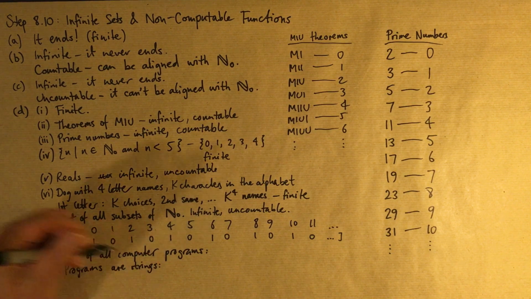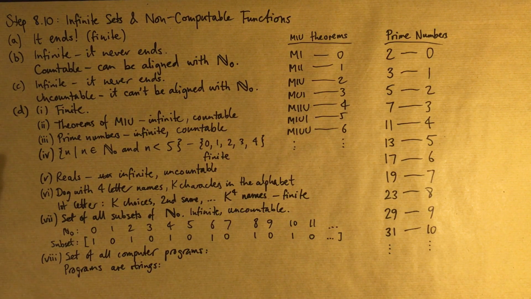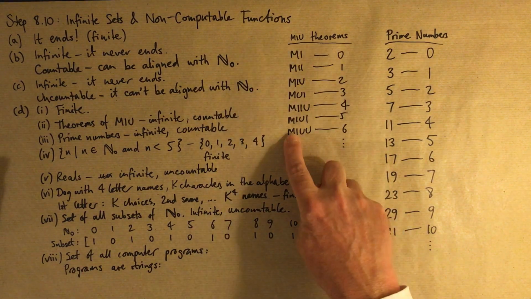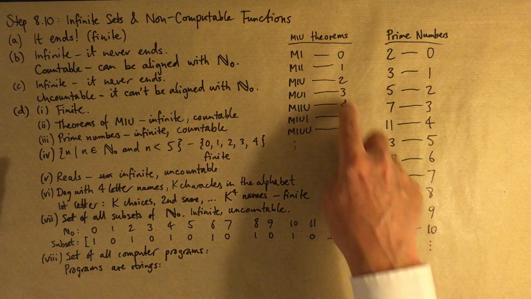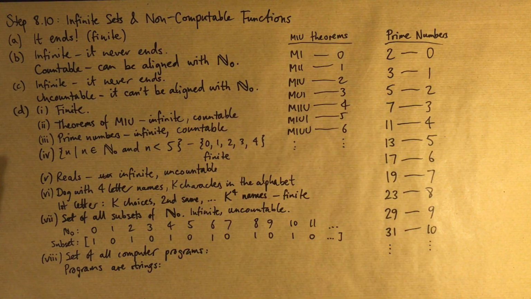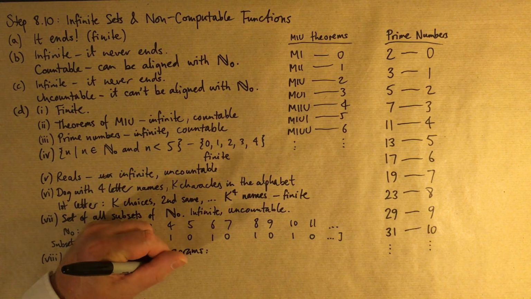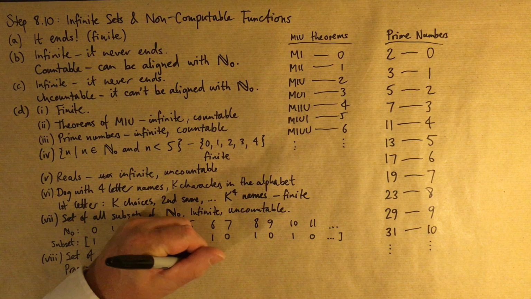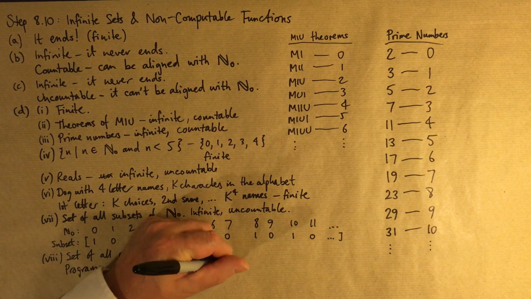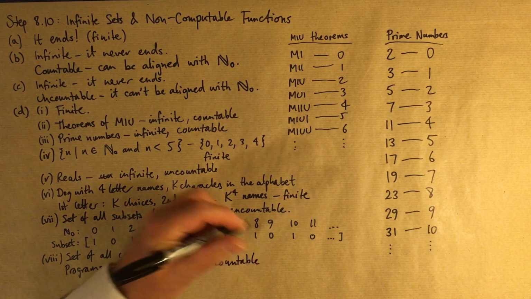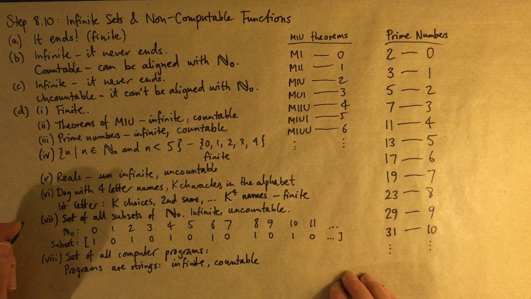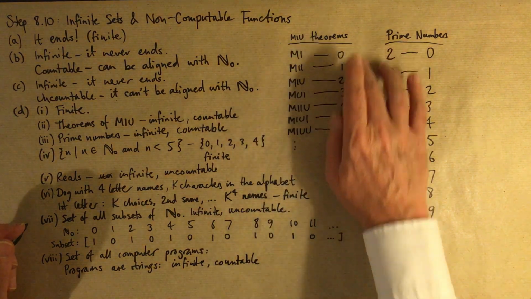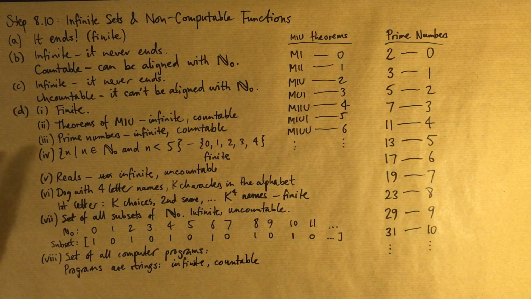And we showed when we looked at the dogs and the collars that we can map between strings. In fact, we've done it here again. We can map between strings and numbers. We just list all the strings in order, shortest first, alphabetical. So therefore it's infinite. But it's a countable infinity because we can map between computer programs, which are strings like MIU, and the natural numbers. So it's infinite and countable.